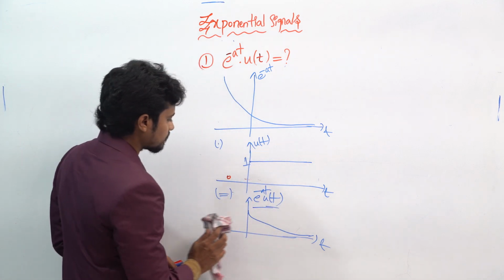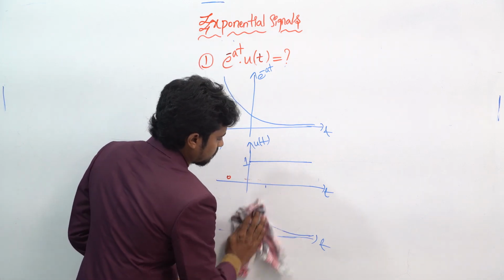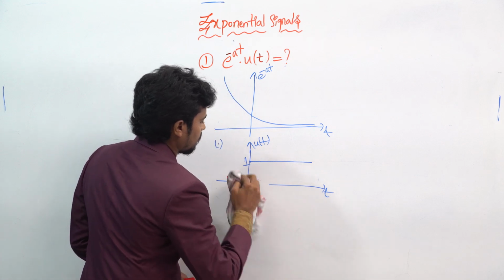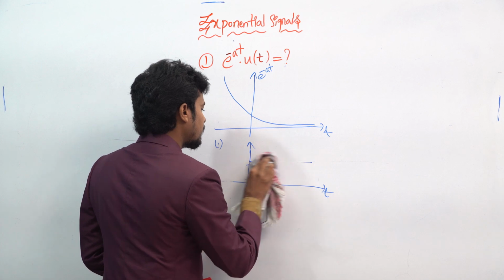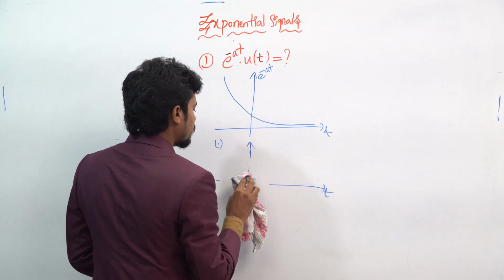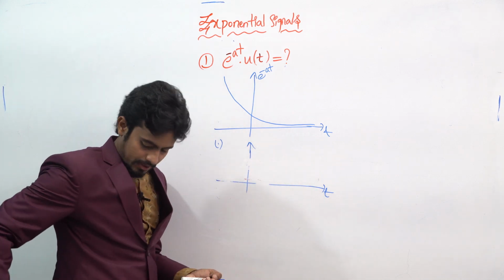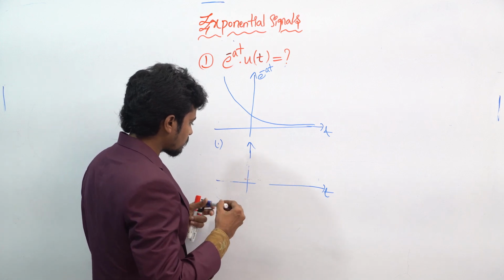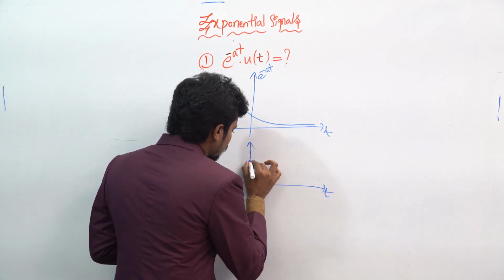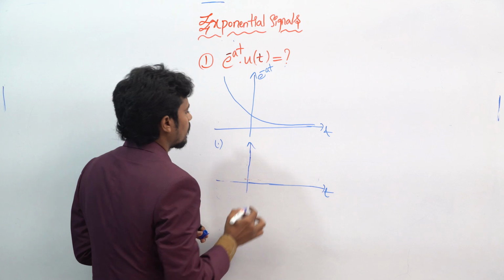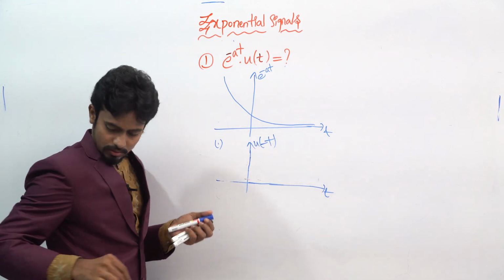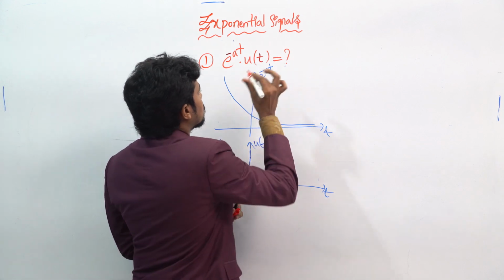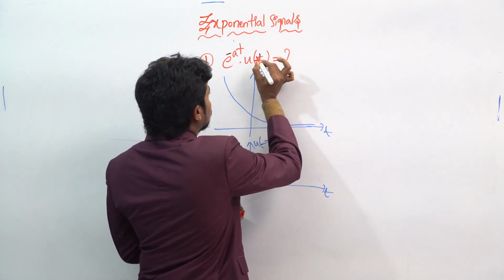Now let's see the last question. In place of u of t, just replace it with u of minus t. What will happen? This will be the u of minus t. Now in this u of t place, just replace with u of minus t.